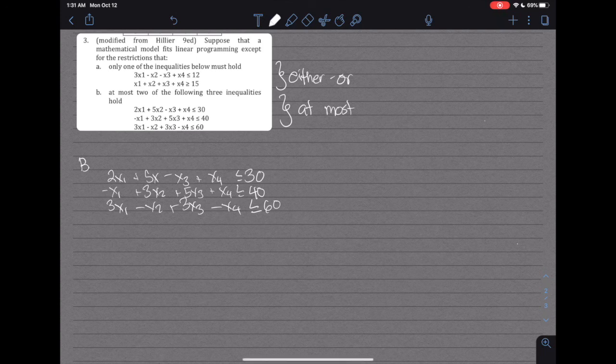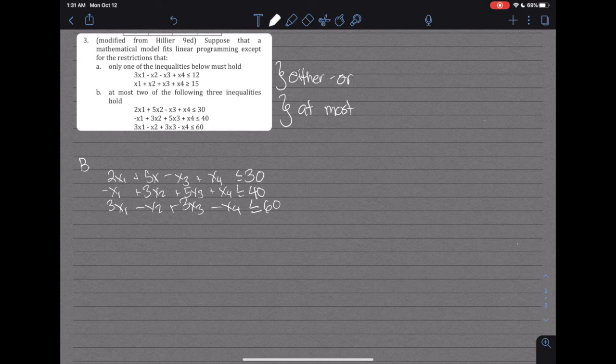This time it will be different. It's not an either-or, meaning one constraint is true and another is false. This time they can be true, true, false; true, false, false; true, true, true; and so on.